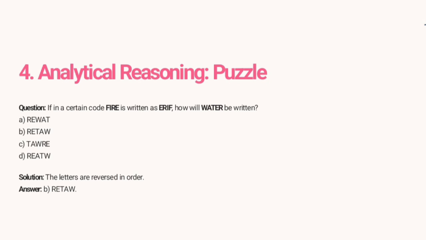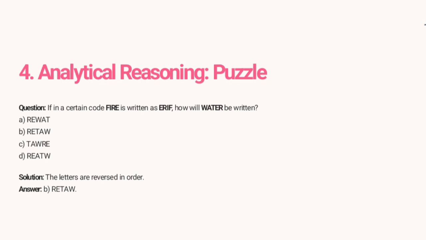If you use your common sense, you know what happens exactly. He has written the letters in reverse order. That is the logic. Now you have to apply the same logic to the given word. Write down the letters in reverse order. So it will be R-E-T-A-W. So RETAW is option B. That will be the answer.